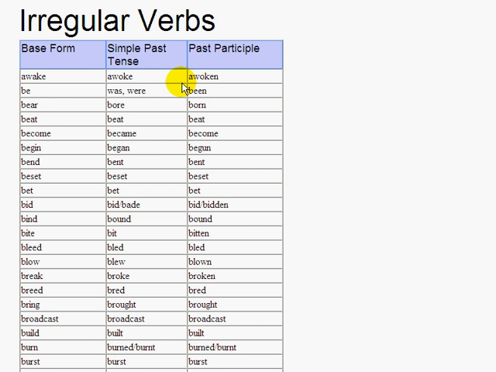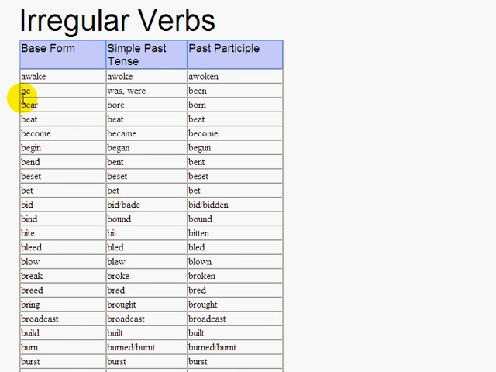Okay? Students, I do encourage you to familiarize yourself with these irregular verbs because it's very important for you to come up with the right passive sentences. Not just passive sentences, but in many other rules in grammar. So you really have to know the past participle, okay?